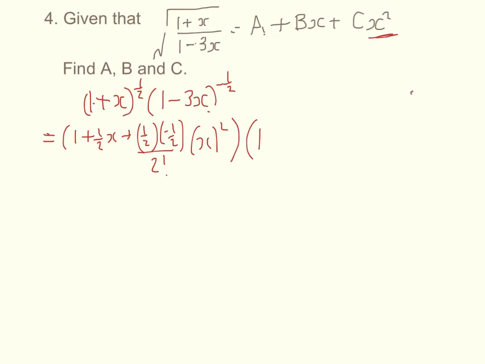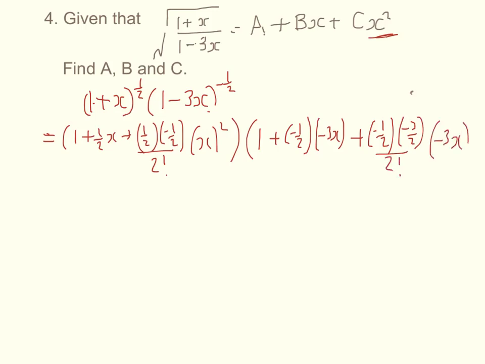So we've got 1 plus minus a half times minus 3x, and then plus minus a half minus 3 over 2 factorial minus 3x squared. Again, we can stop. Right, so simplifying, 1 plus a half x plus minus, rather, an eighth of x squared. That's the first bracket done.